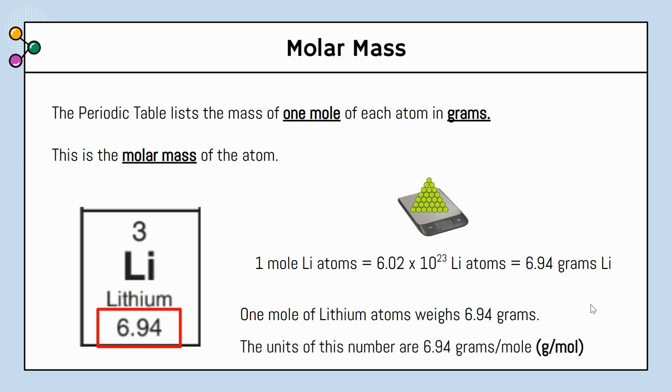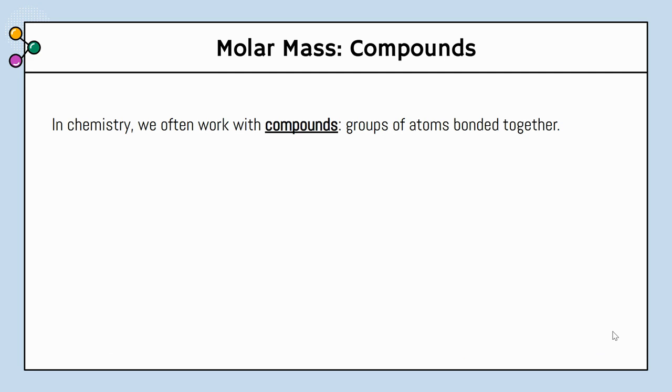And you'll often see this expressed as grams per mole, or grams/mole, often abbreviated as g/mol. We'll look at this in a different format in just a few slides. Before we get into that, though, in chemistry, we're not always working with atoms by themselves. We're often working with compounds. Those are groups of atoms bonded together.